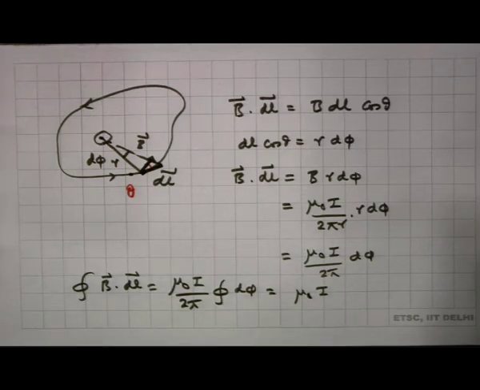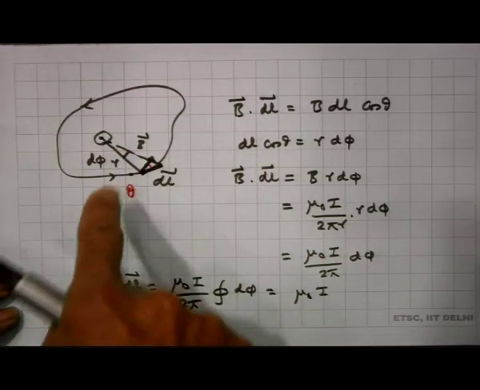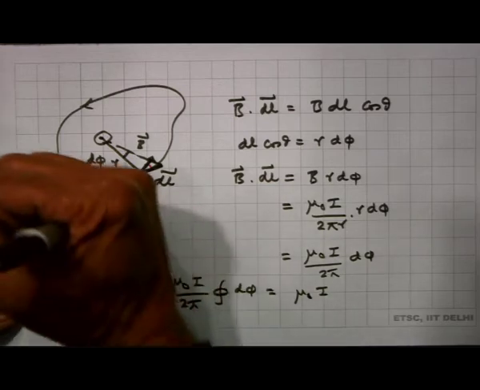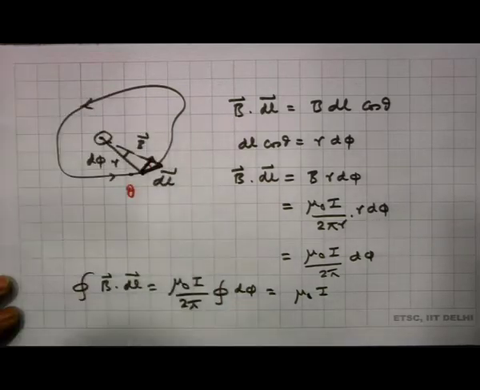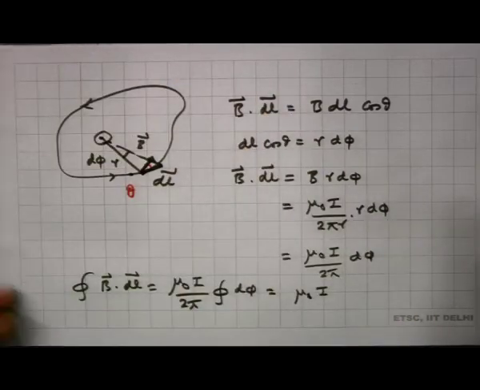Now, how did I choose the direction of integration here? The loop of integration is such that it happens to be along the magnetic field, because for a current carrying conductor with current coming up towards me, the magnetic field is anticlockwise. I can also do an integration in the clockwise direction.